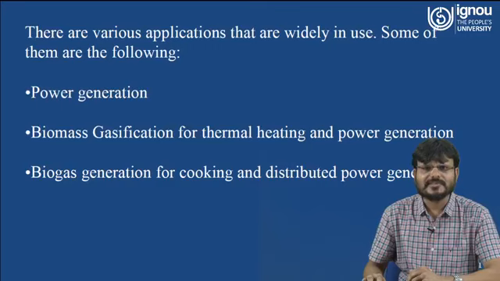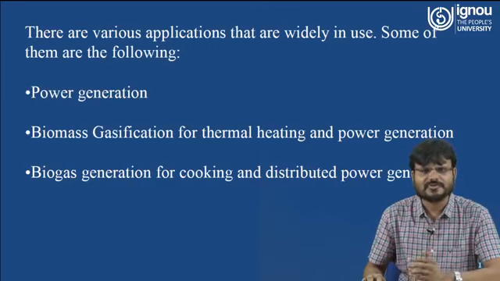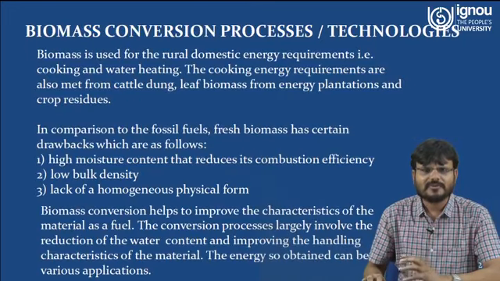There are various applications that are widely used. Some of them are the following. It is used for power generation, biomass gasification for thermal heating and power generation, biogas generation for cooking and distributed power generation. Now we have to understand what are the biomass conversion processes or technologies.